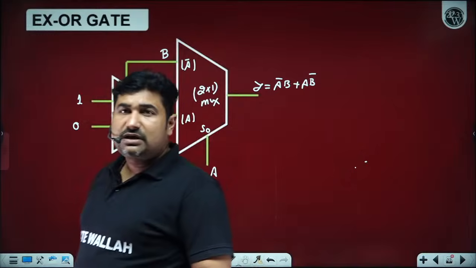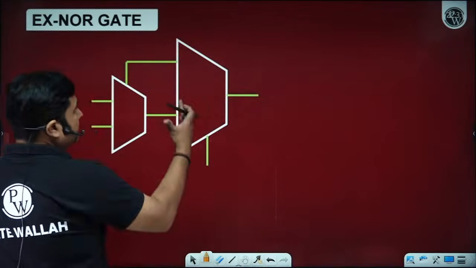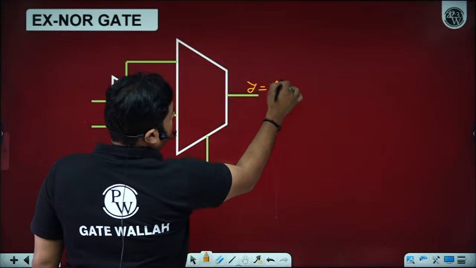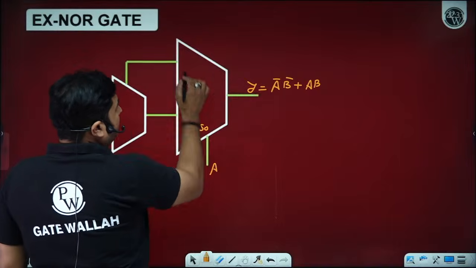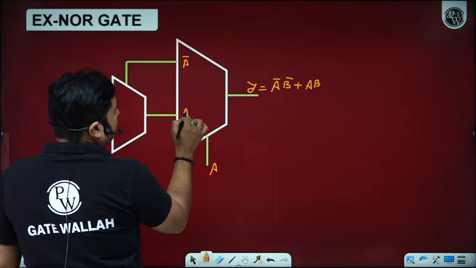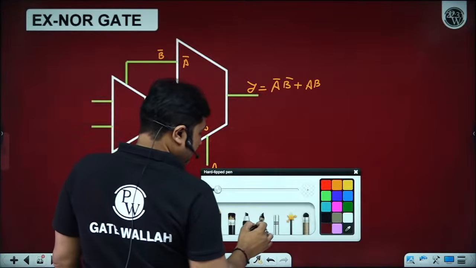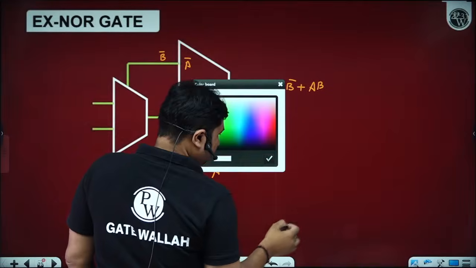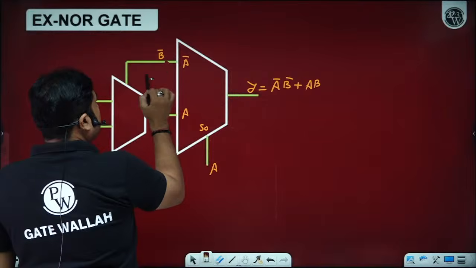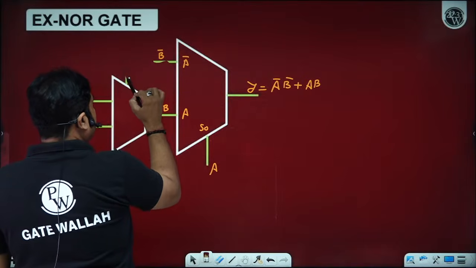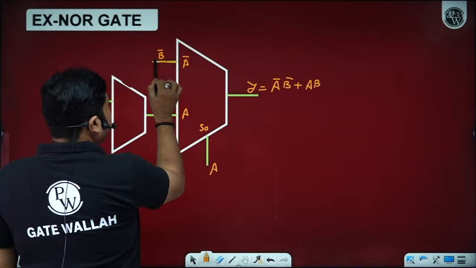Can you implement an XNOR gate as well? How to implement an XNOR gate? Sir, very easy. If we want to implement an XNOR gate, A bar B bar plus AB, onto the select line if we have A, because of the select line action, we have A bar and A, and we need to apply B bar and B. Is it okay? Yes, sir. So how to get B bar, sir?